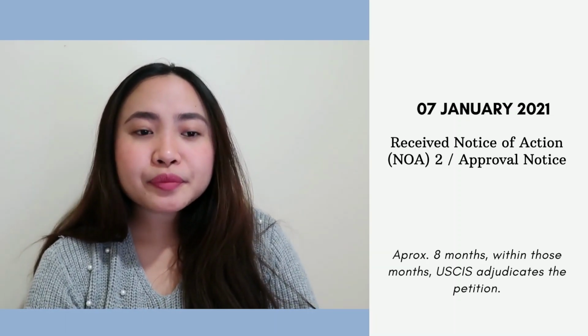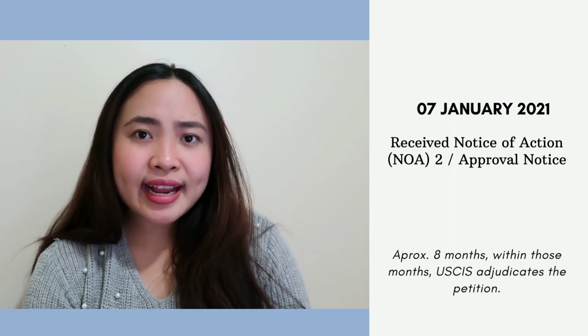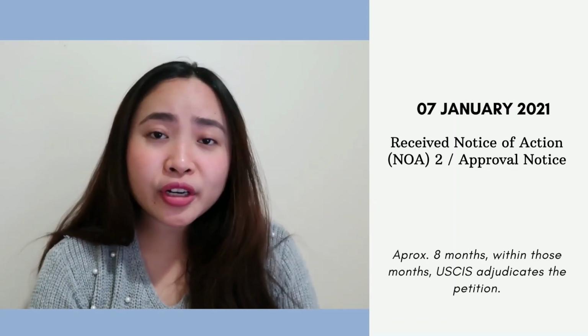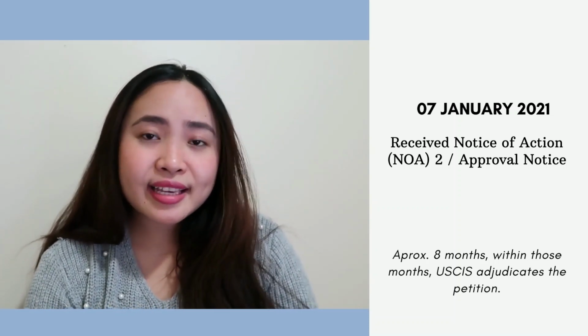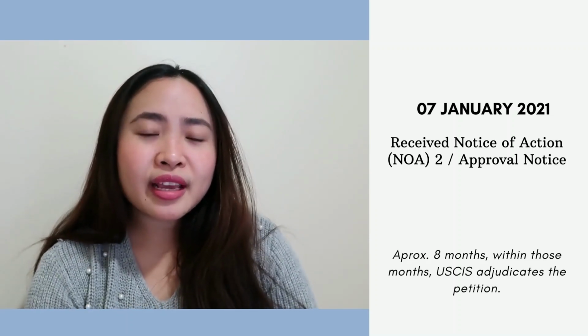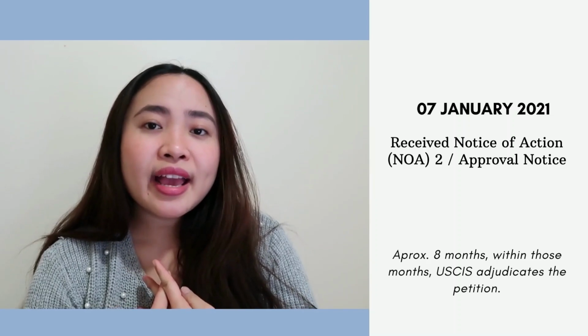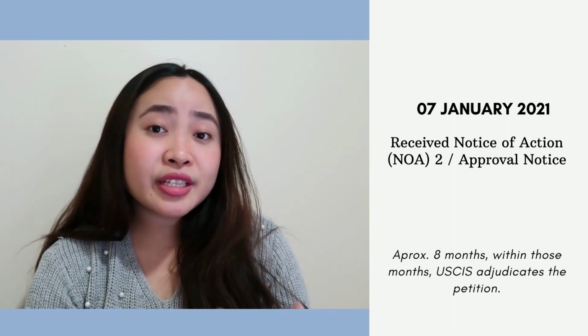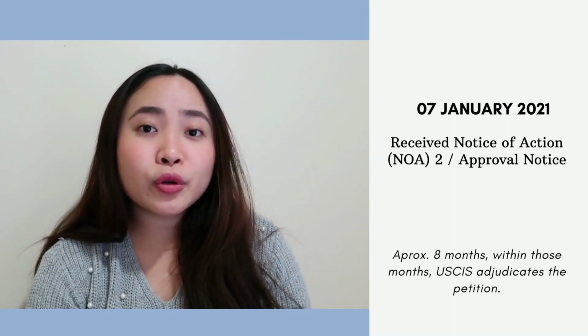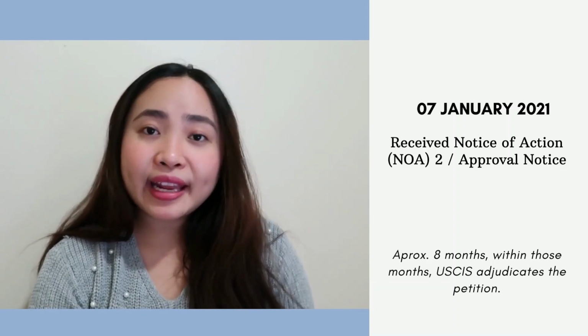So the USCIS can ask, for example, to send more copies of these things or original documents. It really depends. In my case, we did not experience that, and we just received our Notice of Action 2 approval notice 8 months after.